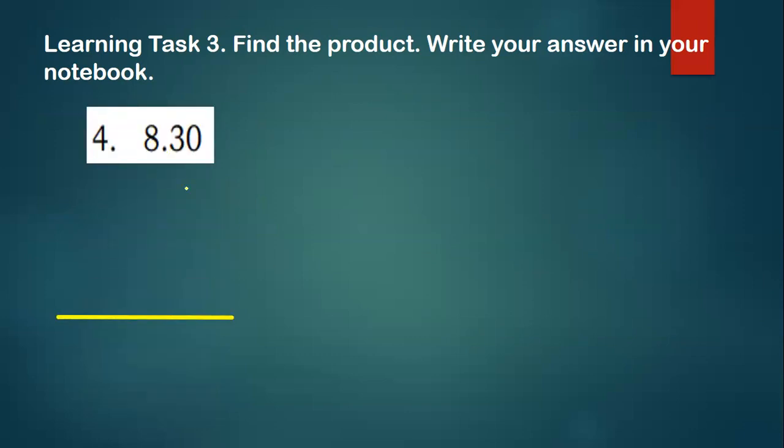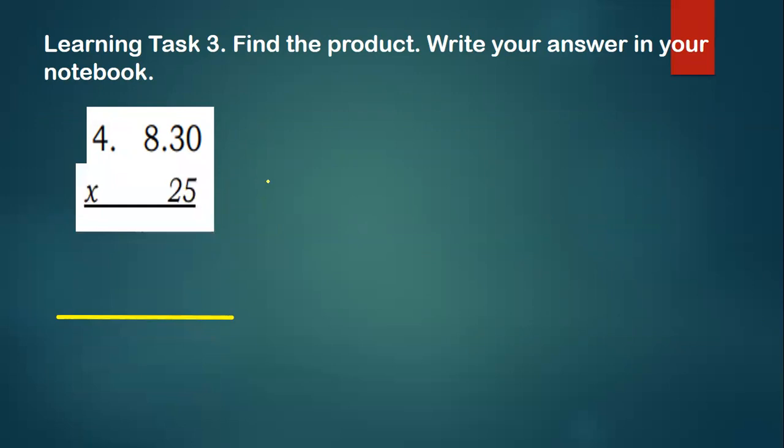Okay, learning task 4 tayo. Okay? 8.30 or 8 and 30 hundredths multiplied by 25. Again, wag matatakot. Multiply like whole numbers lang. Okay, simula tayo sa kanan. That is 5 times 0 and that is 0. 5 times 3, that is 15. So 5, carry 1 lang. 5 times 8, that is 40 plus 1, that is 41.